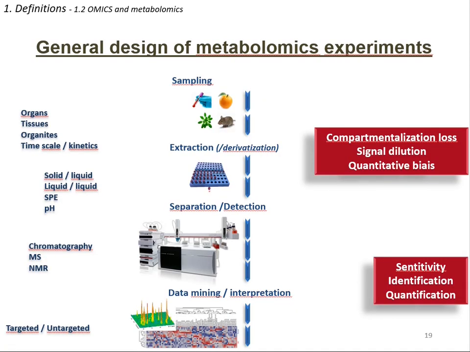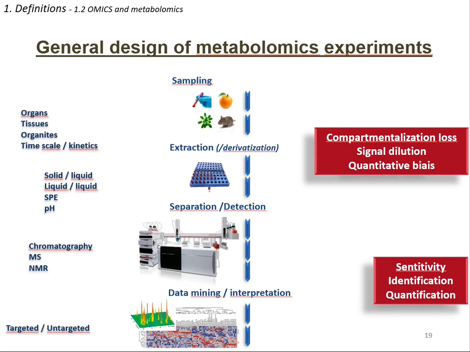Whatever the techniques, the general design of a metabolomic experiment is the following. It starts with a careful sampling of organs, tissues, sometimes even organoids. What is really important at this step is the time scale and the kinetics that you want to cover.